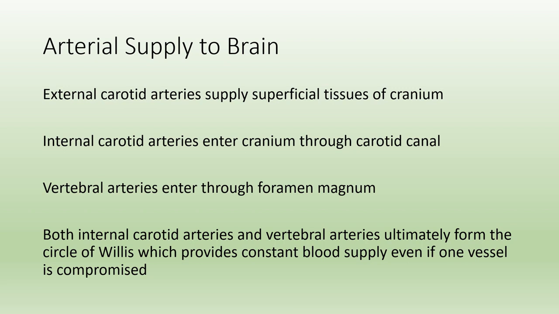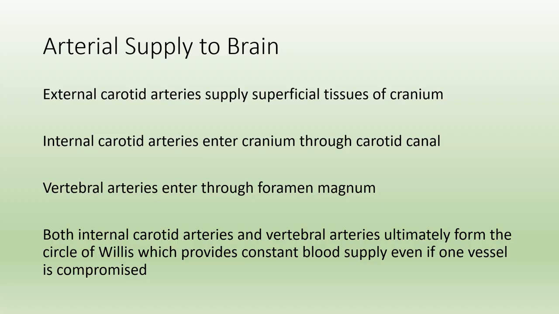It allows the spinal cord to connect to the brain, but it also allows some of these arteries to enter from a different location than your internal carotid arteries. You don't want all the blood arriving and entering in the same spot. You want it to be able to come in at multiple areas.